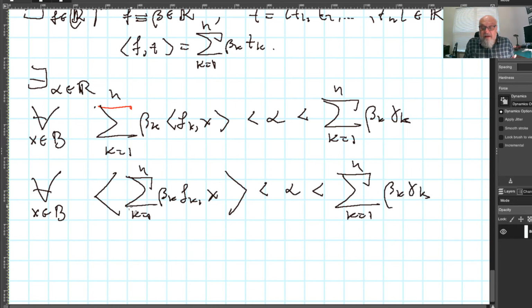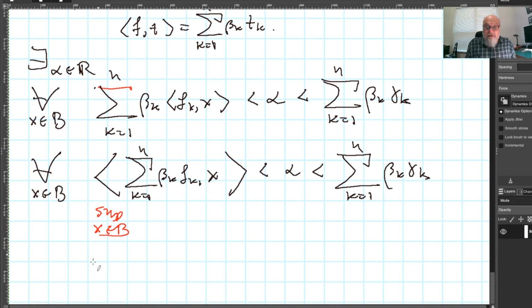And now I can take the supremum. I can apply it here, the supremum over x belonging to B on the left hand side. That's the upper bound, so I have this supremum, and of course that gives me the inequality.